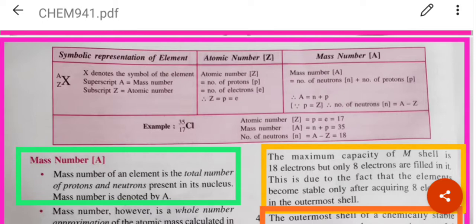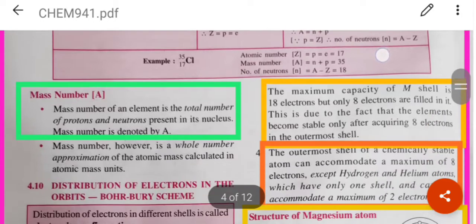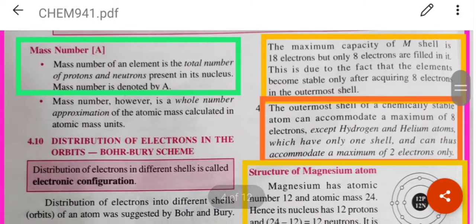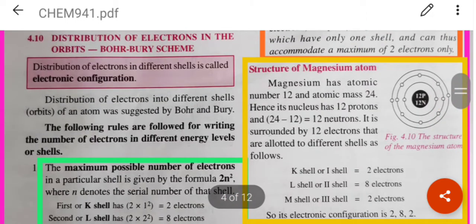We can subtract the atomic number from the mass number. Okay, as you can see here. So what is mass number? Mass number of an element is the total number of protons and neutrons present in its nucleus, which is denoted by the symbol A.